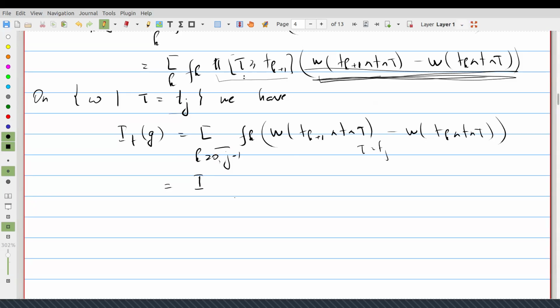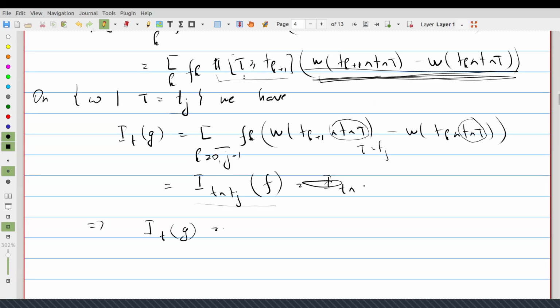Tau equals tg. I can write this as t minimum tg of f. This is our new t here and new t here. This is just a definition of the stochastic integral with respect to f calculated at this time, which says that et of g is e t minimum tau of f, almost surely.